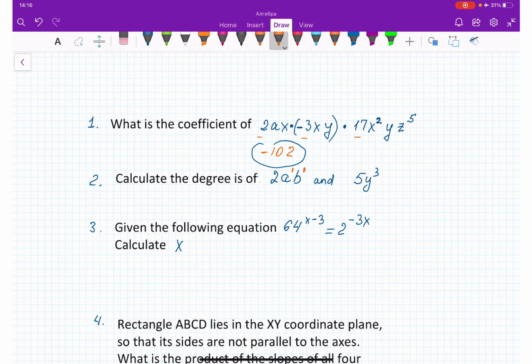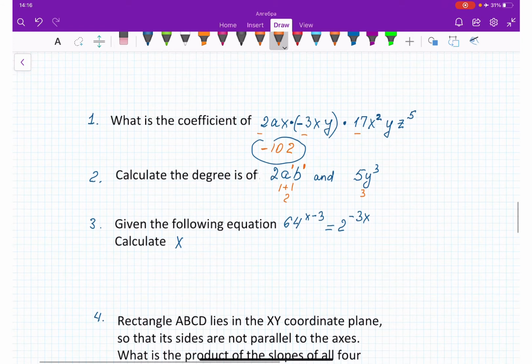So the degree is going to be 1 plus 1, which is going to be 2. Here we have y to power 3, so degree 3. So the degree for the first term is going to be 2, and the degree for the second term is going to be 3.